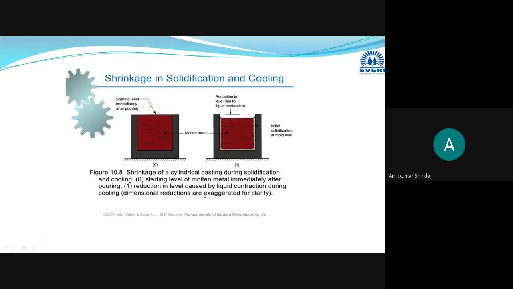Then next is the shrinkage in solidification and cooling. Here, shrinkage in solidification and cooling means that at this corner also one shrinkage is there due to the solidification and cooling, and the amount of liquid also gets reduced.